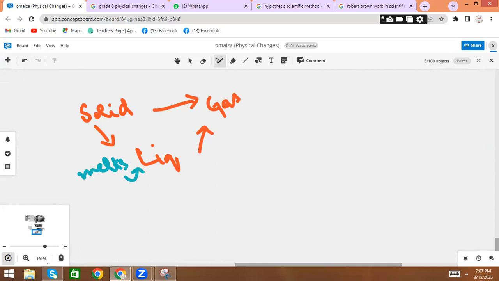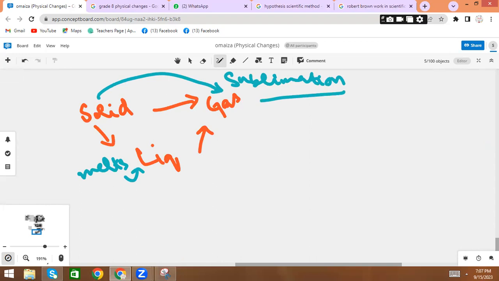But we have another phenomenon in which the solid directly goes into the gaseous state, and we call this process sublimation. Sublimation is a process in which a solid, without going into the liquid state, directly goes into the gaseous state. You have to keep this in your mind.